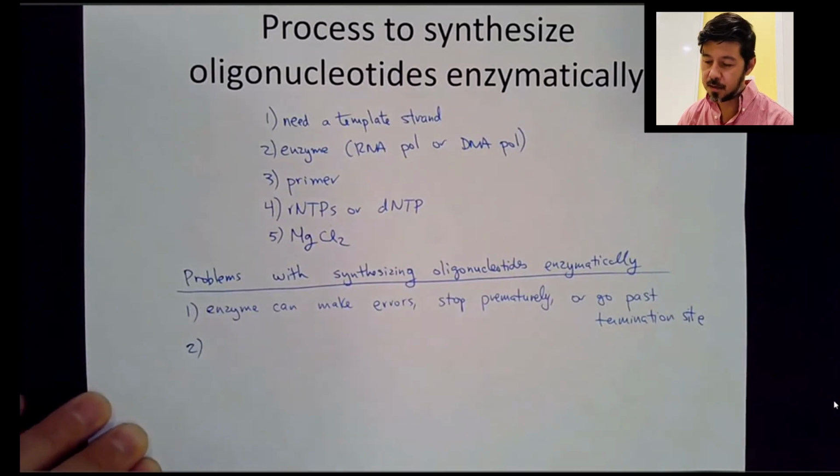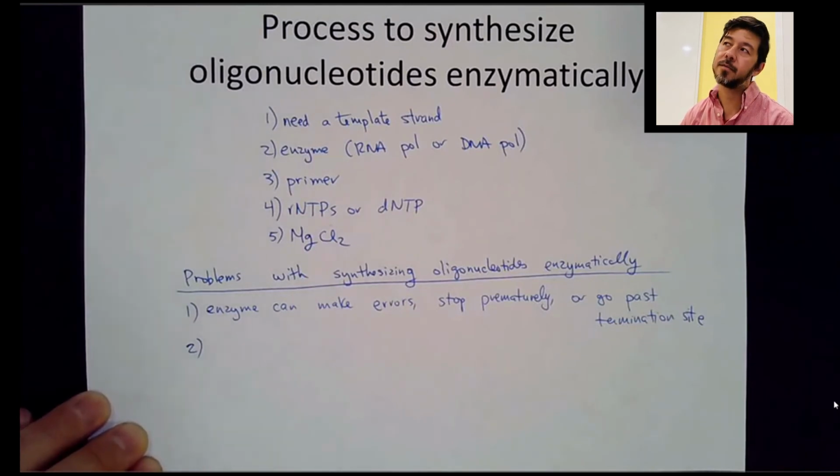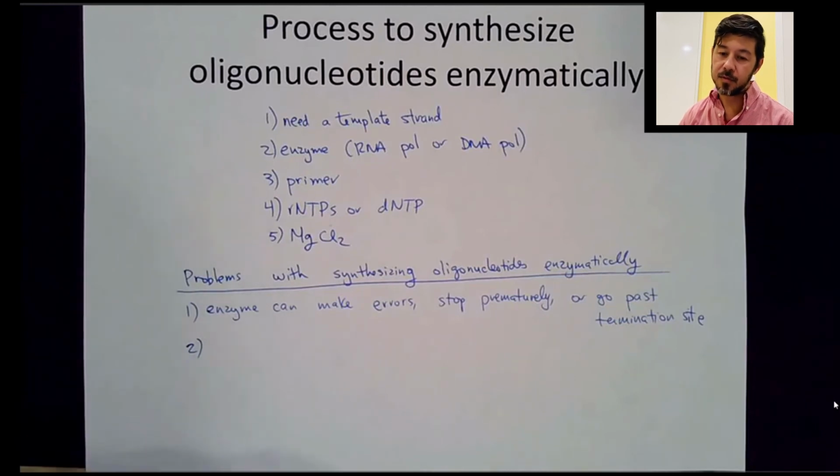This process is typically good for hundreds of nucleotides, or even thousands. So if you have an oligo 300, 400 units in length that you want to make, that's great. This will probably work, or even 1,000 in length. But it's very difficult to make short oligomers.